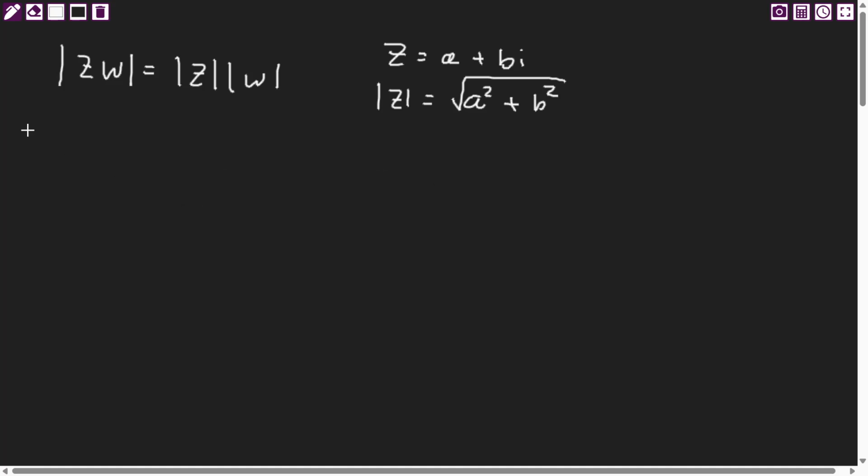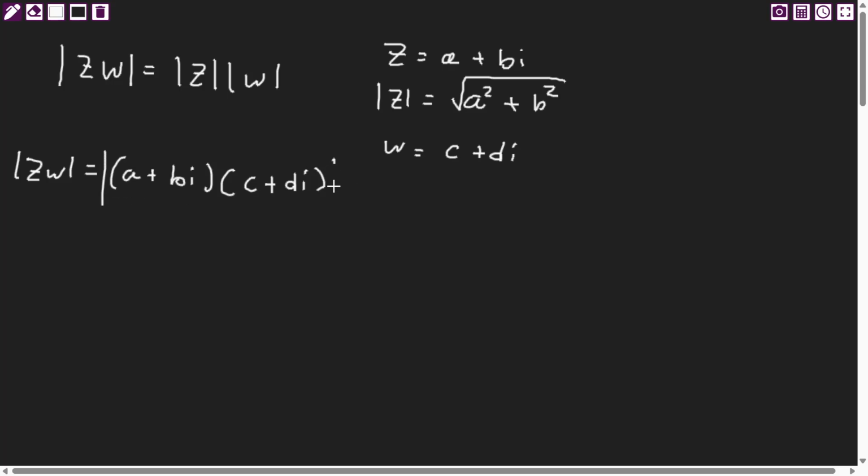So we'll let z equal a plus bi, and we'll let w equal c plus di. Okay, so the modulus of z times w is equal to the modulus of a plus bi multiplied by c plus di.